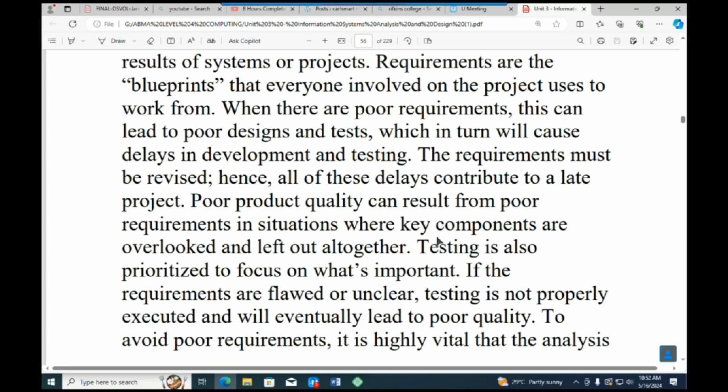Number two, we can have poor product quality, especially in areas where we did not give keen interest to the key components of the system. We overlooked them. At times you actually left them out. In other words, you did not consider them.